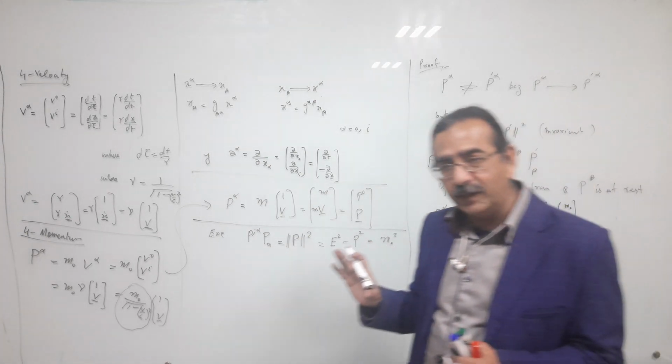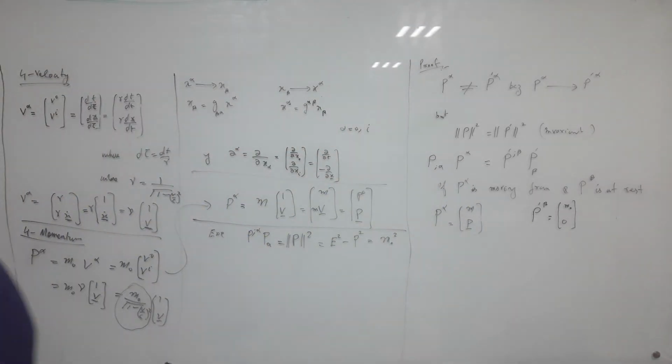Even though both are different, their dot product will remain invariant, as I have already explained. In moving frame and in rest frame they will be treated the same.